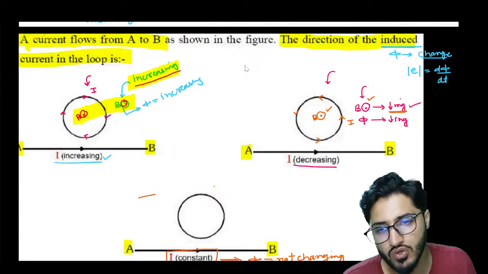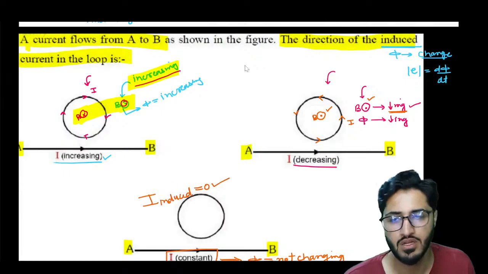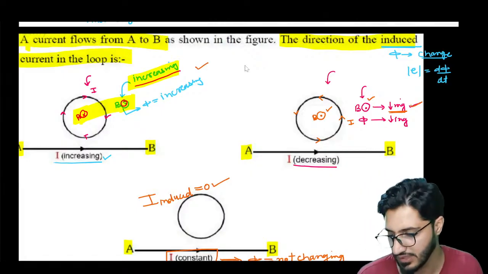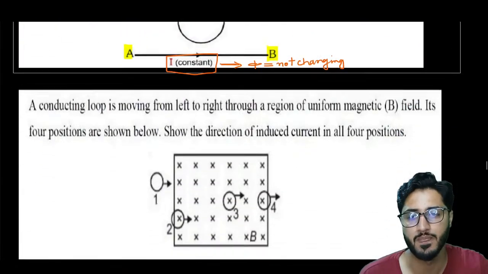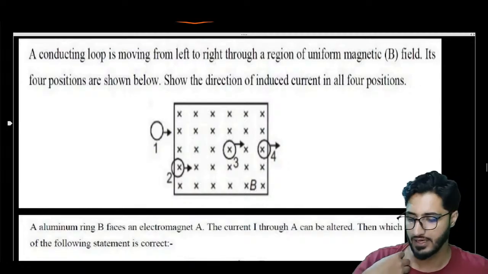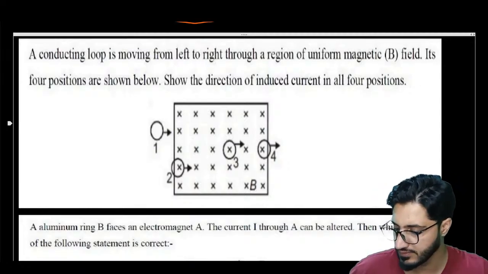Sir, my induced current through this loop will be 0. One case is increasing, one is decreasing, and one is constant. I guess you are very clear with this topic now. Some more numericals, so that you will have a very good response on it.